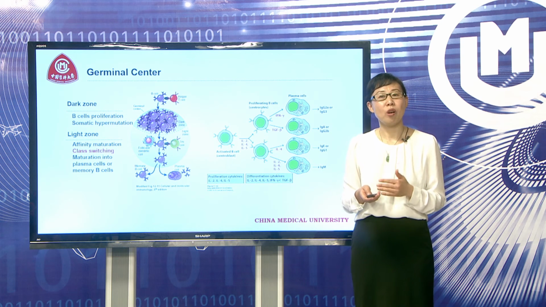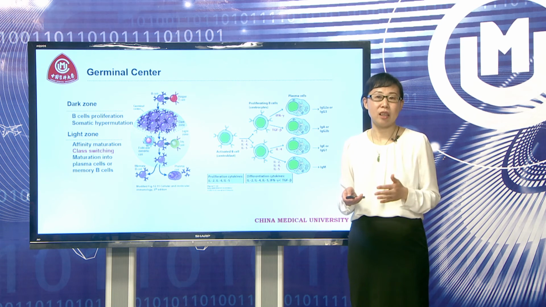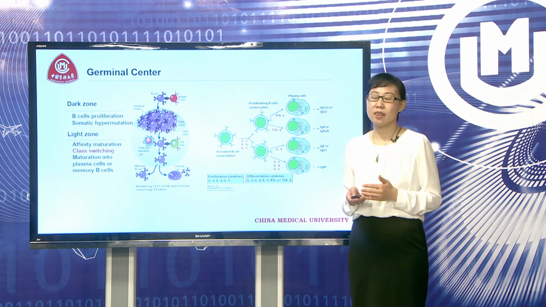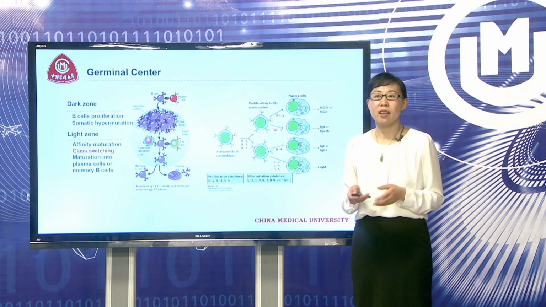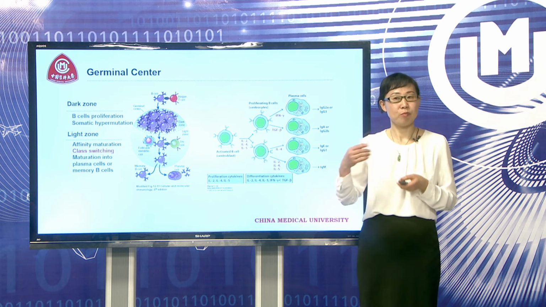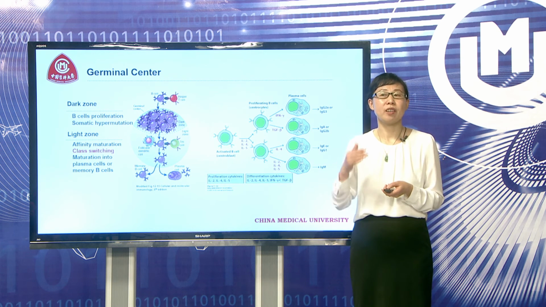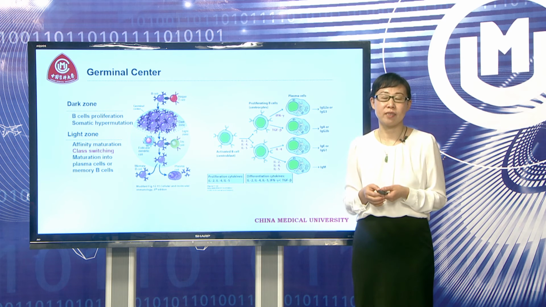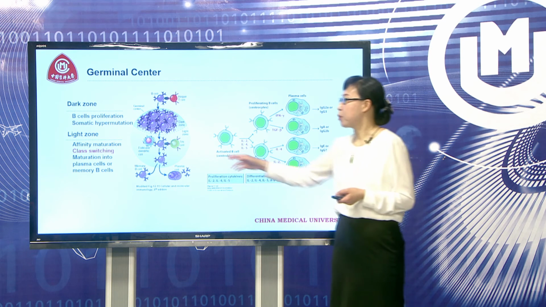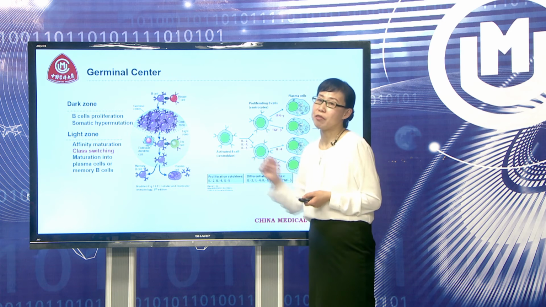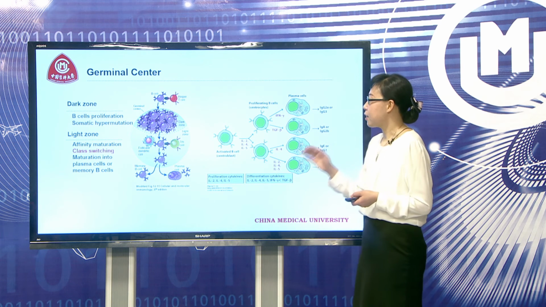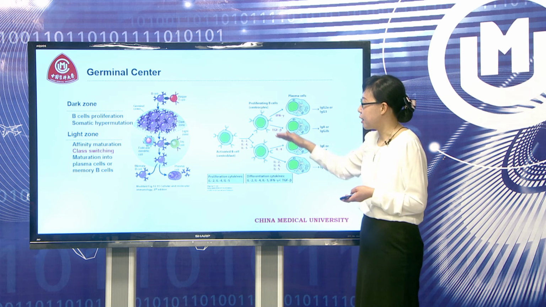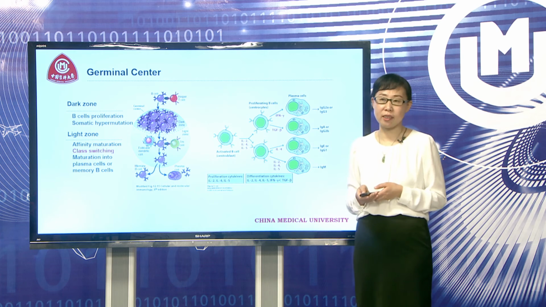Another important event in the light zone is class switching. Class switching means the B lymphocyte can produce different classes of the immunoglobulin, and this process is regulated by the follicular helper T lymphocyte. T cells can express many different kinds of cytokines.